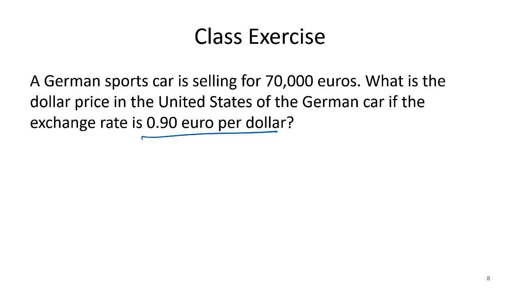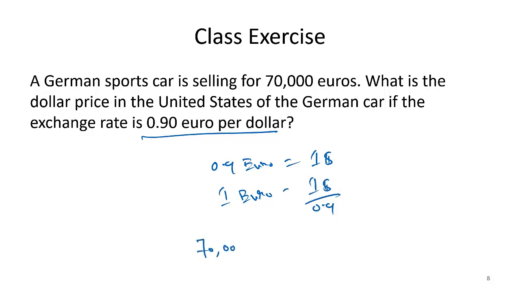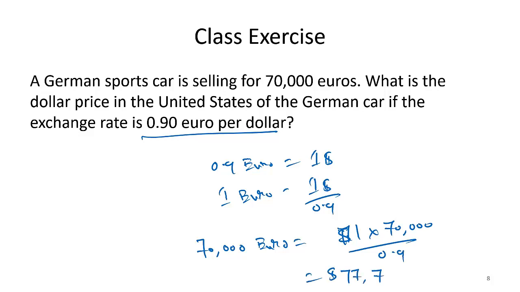So we all know 0.9 euro is equal to $1. That's the exchange rate. So 1 euro would be $1 over 0.9. So 70,000 euro would be $1 times 70,000 over 0.9, which gives you $77,777.78.